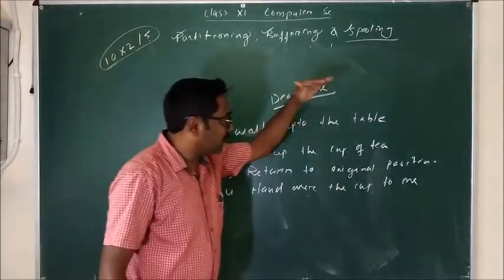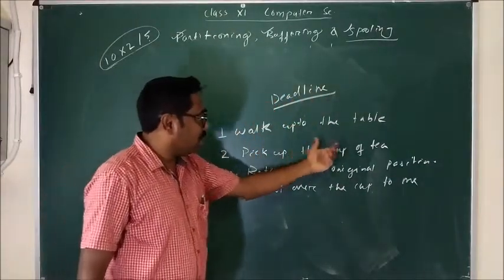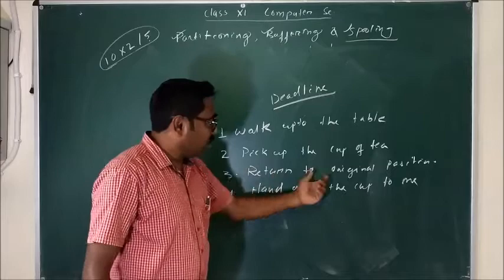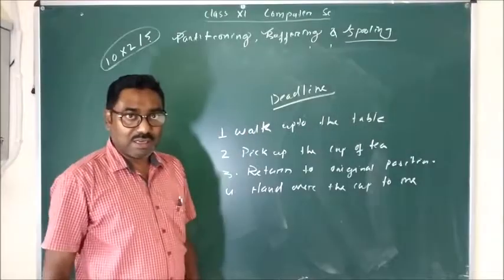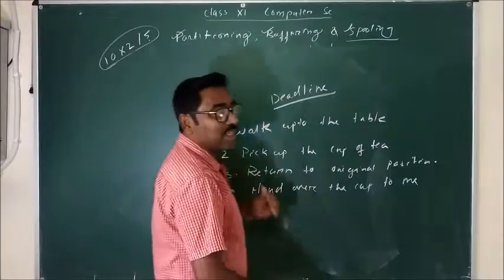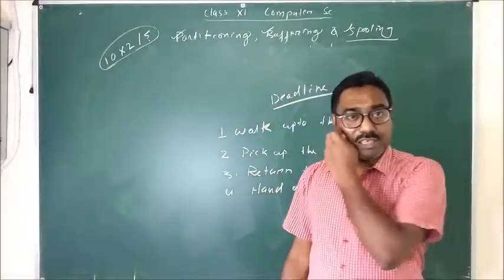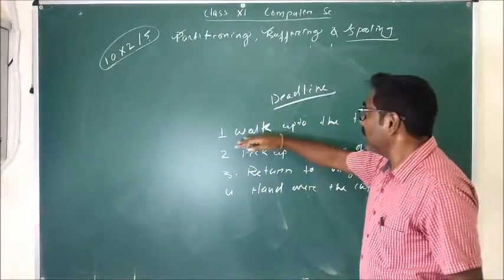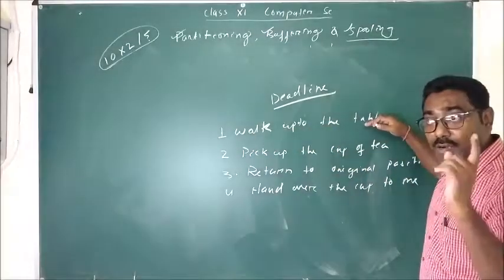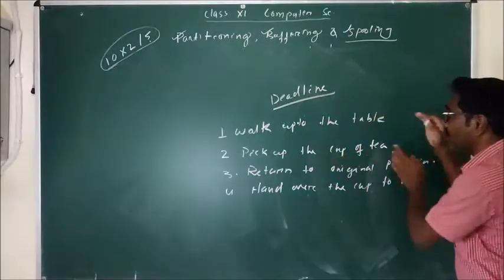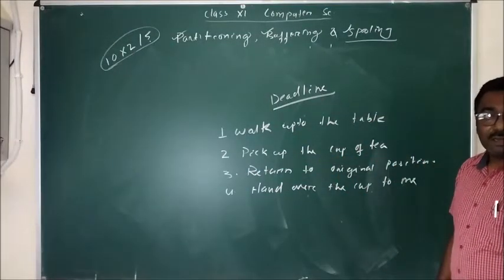Walk up to the table, pick up the cup of tea, return to original position, hand over the cup to me. Now it needs a specific period for execution. Before completion of the walk up to the table, the robot is unable to pick up the cup of tea.